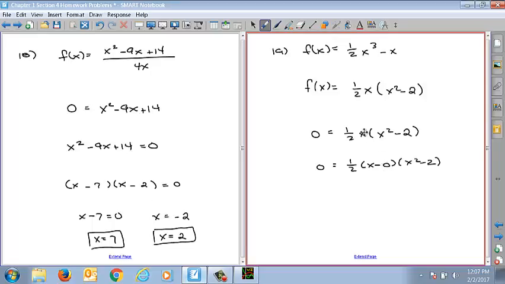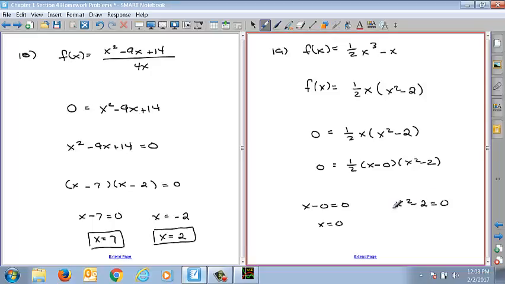You can also think that if x is 0, then this whole thing is going to be 0 because you'll have a half times 0 times some number. So one solution is when x minus 0 equals 0, or when x equals 0. And the other solutions are when x squared minus 2 equals 0.